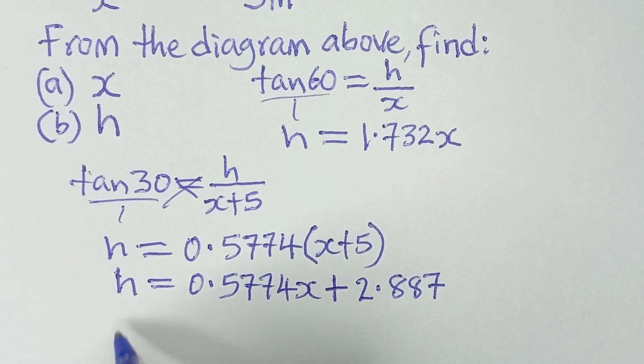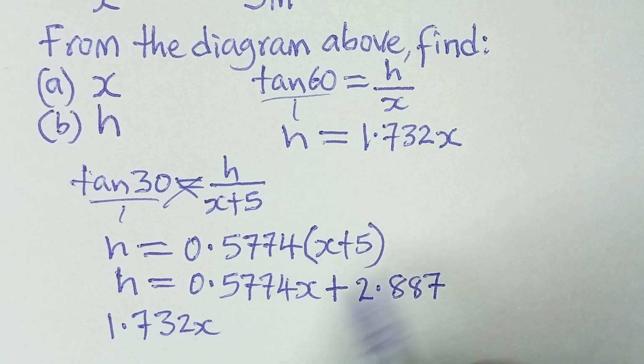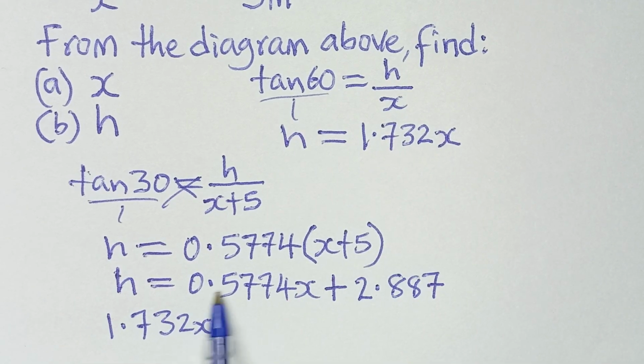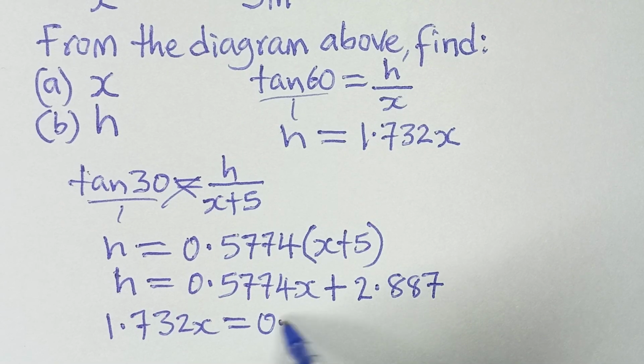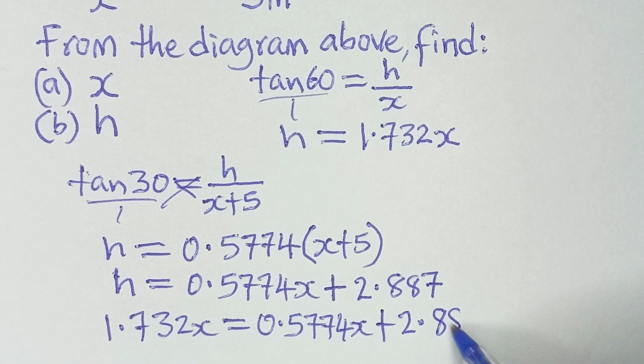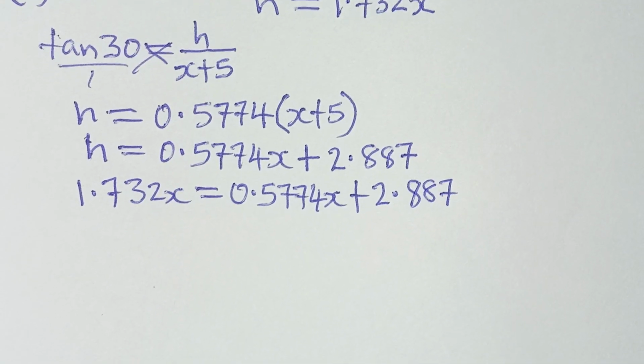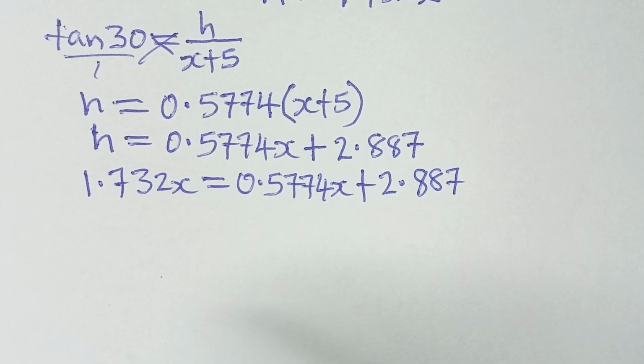So I'll equate them and say 1.732x, which is this one, is equal to this part because they are both h, is equal to 0.5774x plus 2.887.